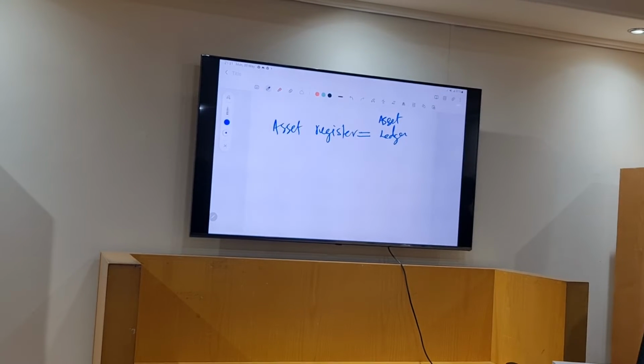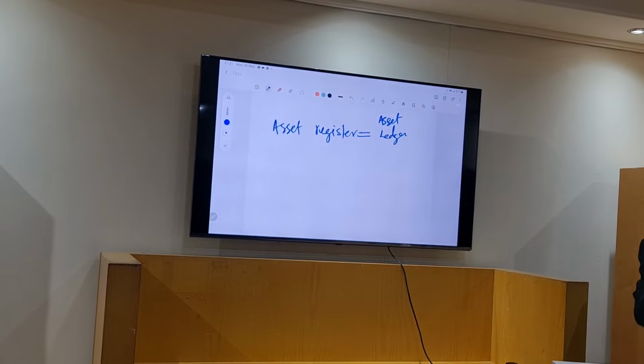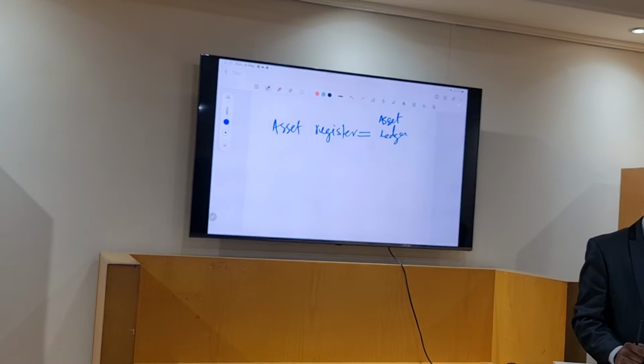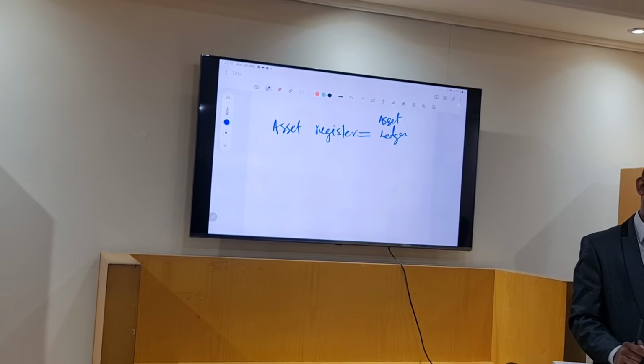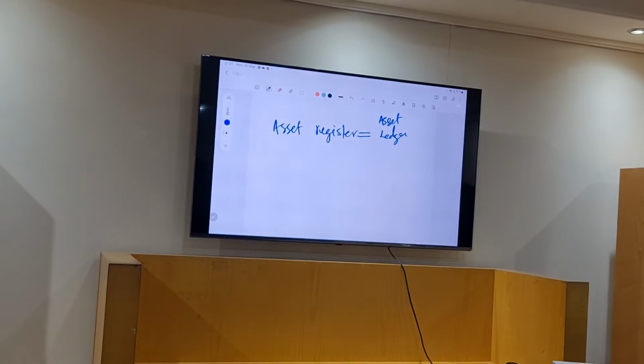And if I do a transfer, within the group sometimes you transfer assets. Maybe this table was with another company and came here now. So there is a transfer. This transfer should be recorded in a professional way. There should be a transfer note from the issuing company, and the receiving company also should have a receiving note.